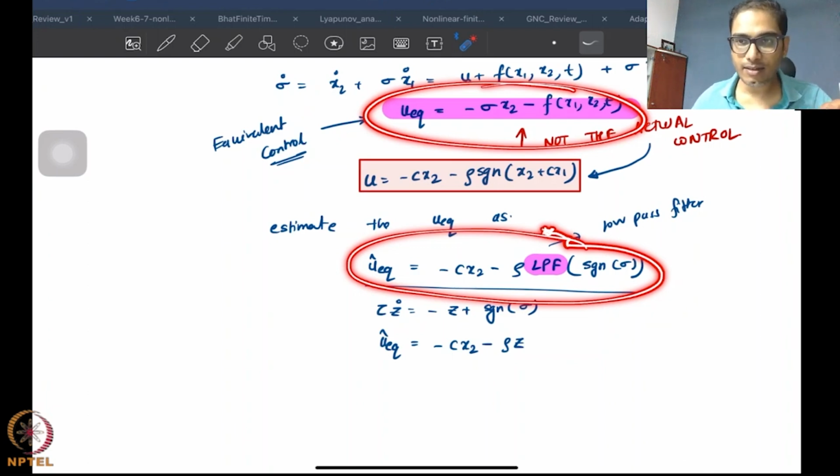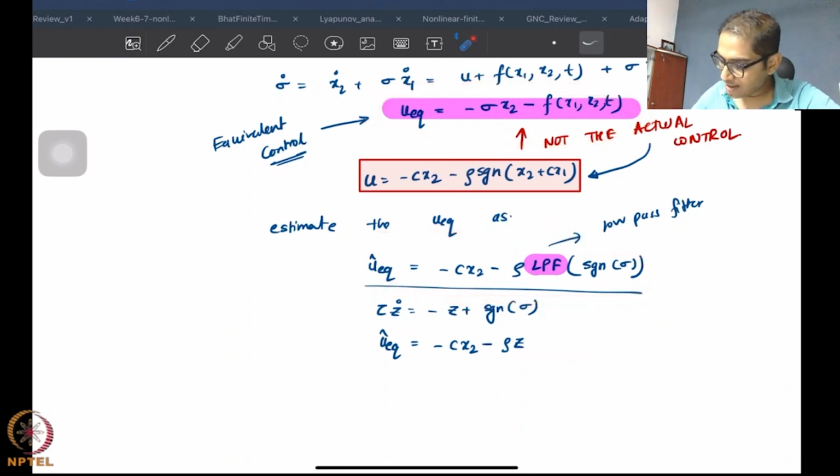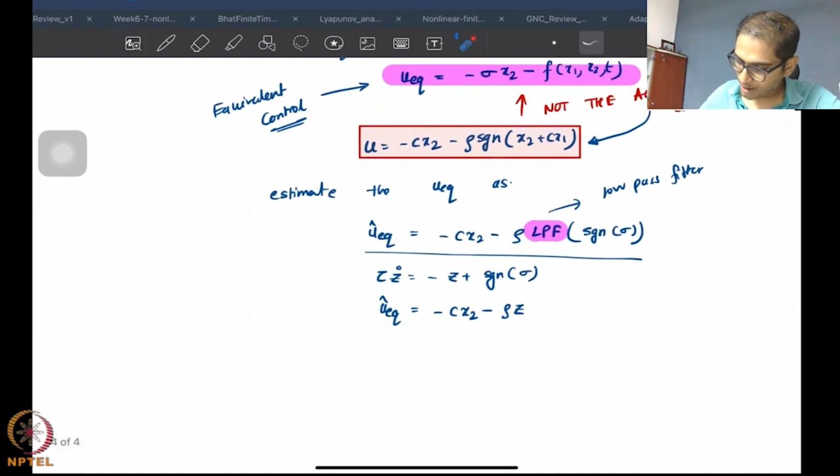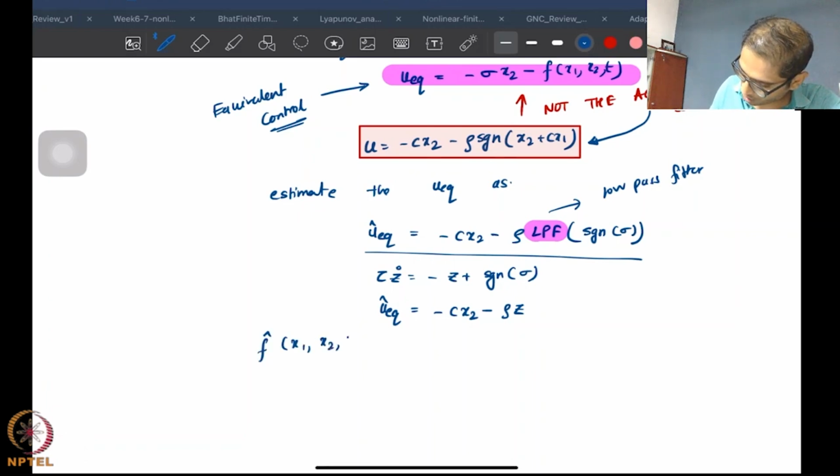If you match this with this, as you can imagine, this has to match, otherwise there is no way that ideal sliding happens, right? And therefore once you match these two, this quantity and this quantity have to be the same. So what we are essentially claiming is that a very good estimate for f is rho times the low pass filter of signum of sigma, for t greater than or equal to tr.